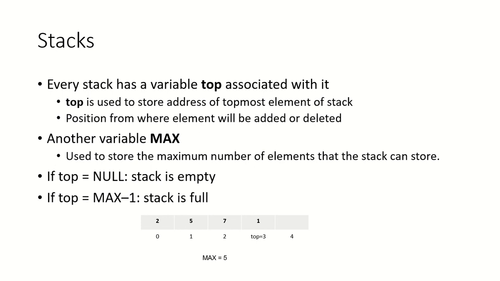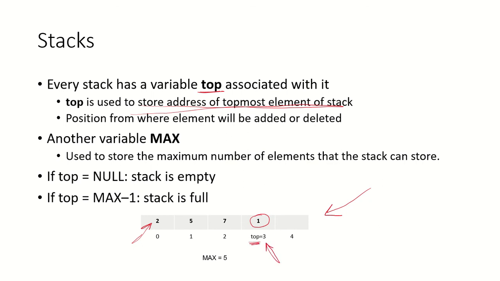Every stack has a variable top which is associated with it, which stores the address of the topmost element of the stack. So if this is a stack, this is the data item which is at the bottom of the stack, and this is the data item which is at the top of the stack.